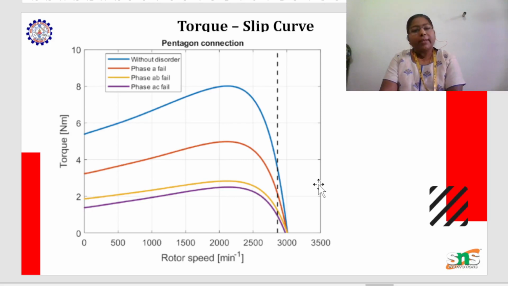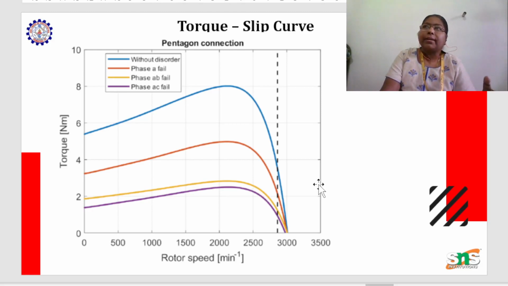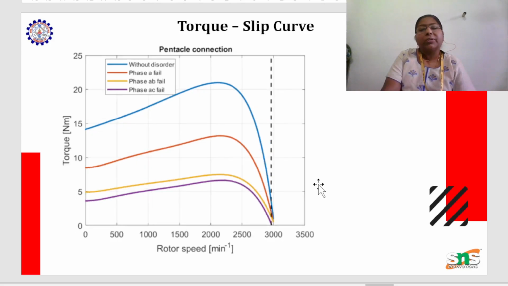In the case of pentagon, with all the phases existing, you get a very high torque compared to star connection. The similar concept is applicable here also. If there is one phase absent, your voltage level is going to decrease and your torque level also is going to decrease.